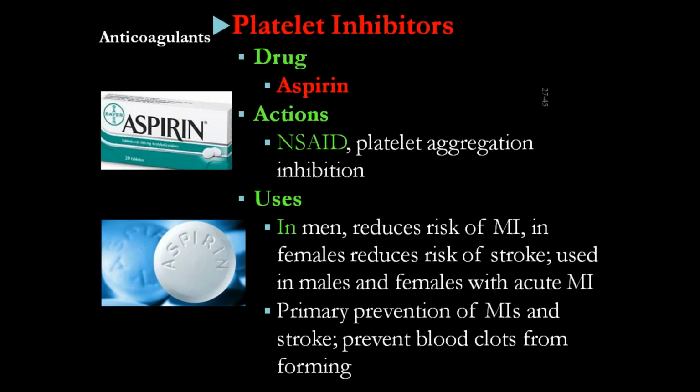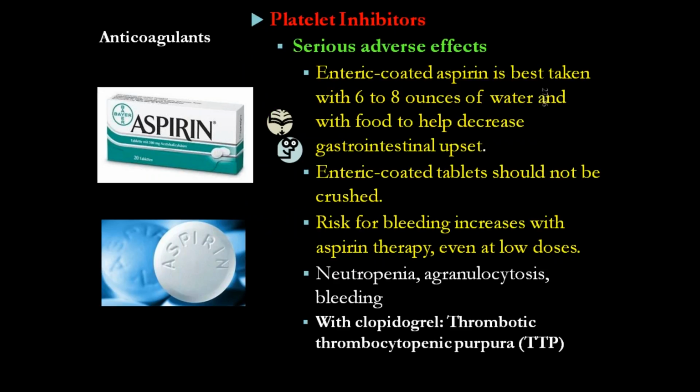If you don't have that, because what is a clot? A clot is red blood cell plus platelet plus fibrin. If one of these three components is not present, that is not a clot. Okay, so with aspirin, you need to remember why we don't talk about ibuprofen or naproxen or diclofenac or whatever other medication. Why?